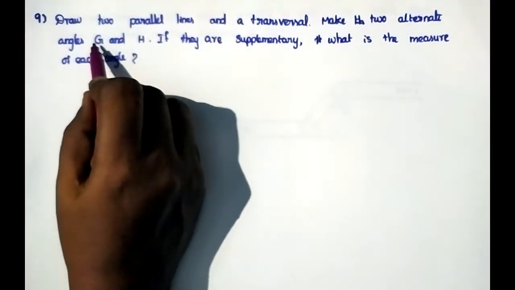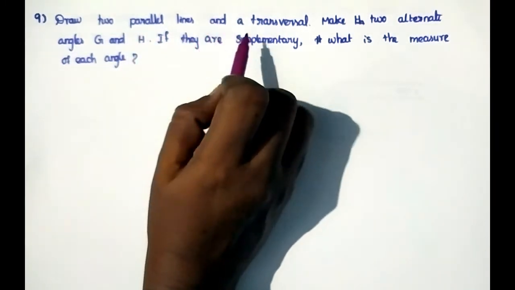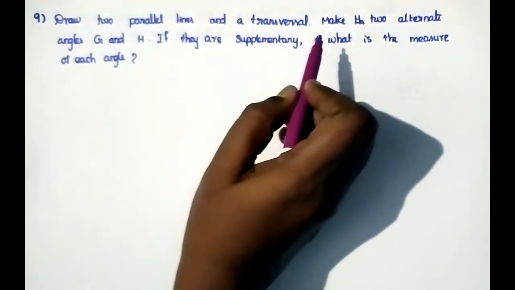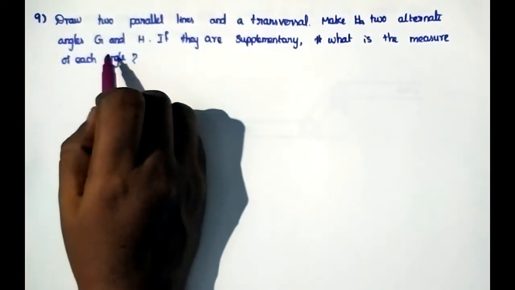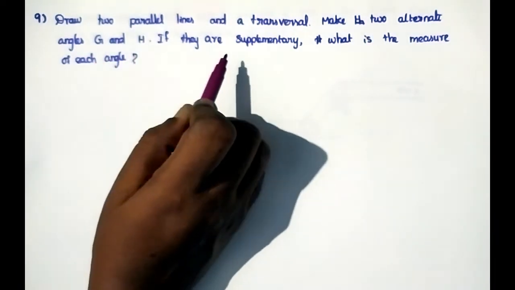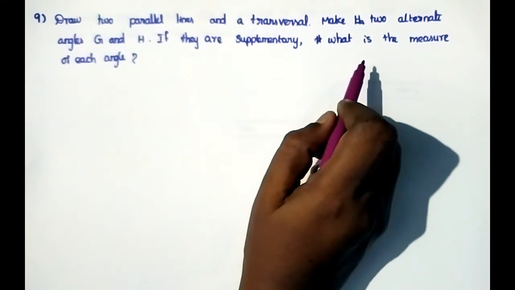Ninth sum. Draw two parallel lines and a transversal. Make two alternate angles G and H. If they are supplementary, what is the measure of each angle?